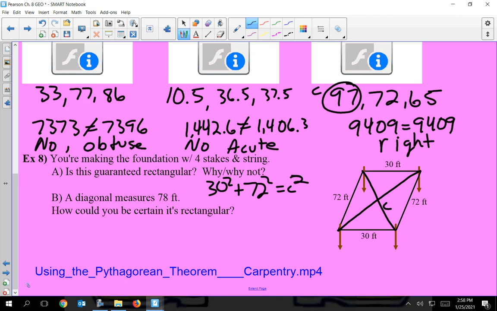So I'll let you guys do the work, and let's see if we get 78 for that. Okay, take the square root of that, and I get 78.